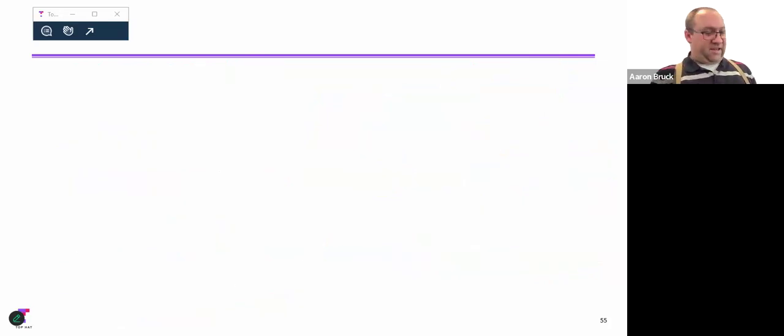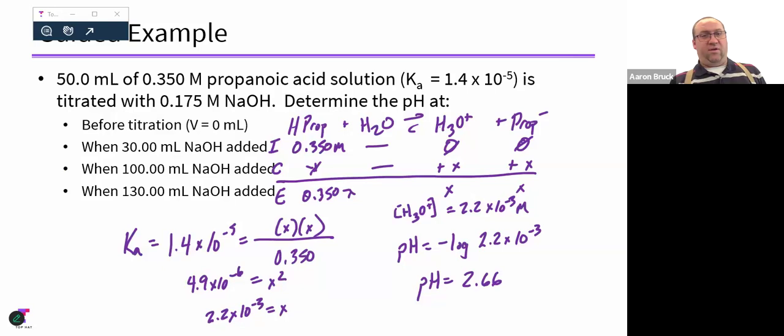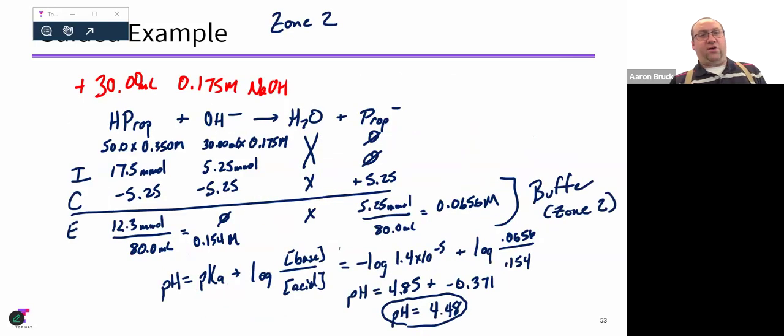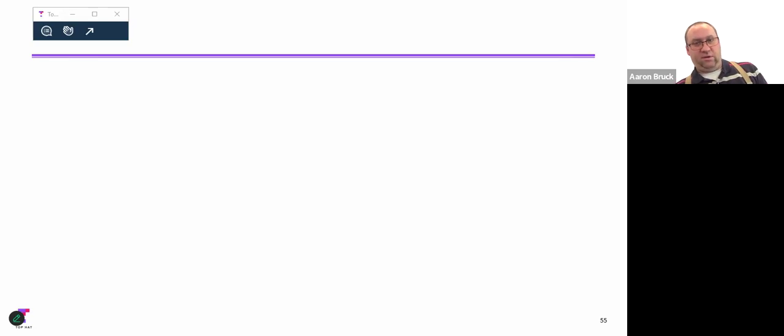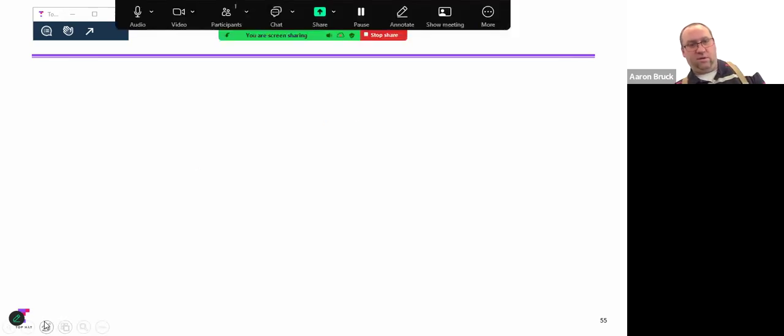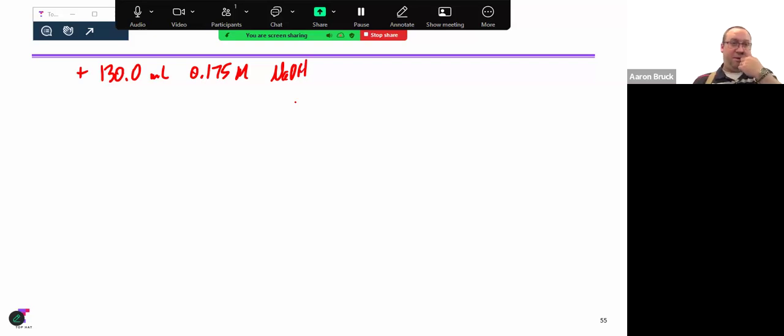All right, last example for this particular problem. Where are we at 130? Now we're at 130 milliliters of the 0.175 molar sodium hydroxide.